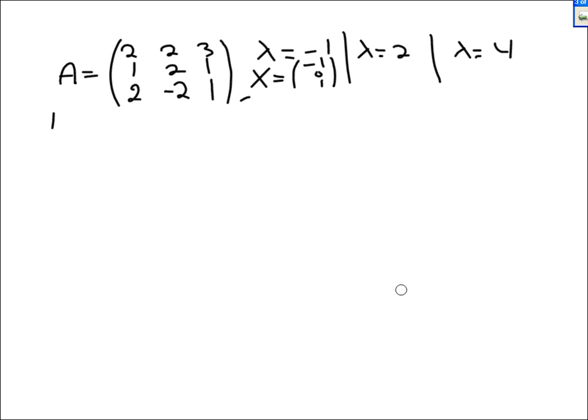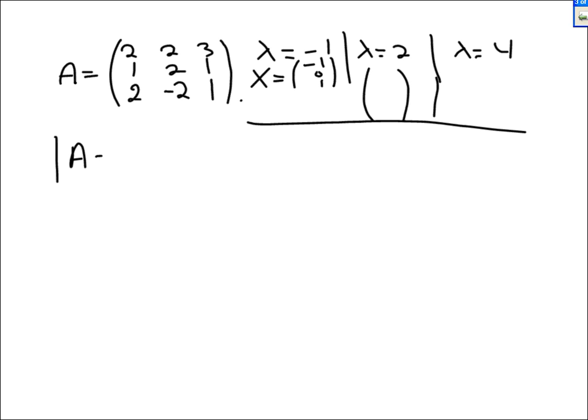Now, lambda is 2. Let us find the corresponding eigenvector when lambda is the number 2. Okay. I'm ready to put my answer down. We want to solve A minus lambda I augmented with 0.